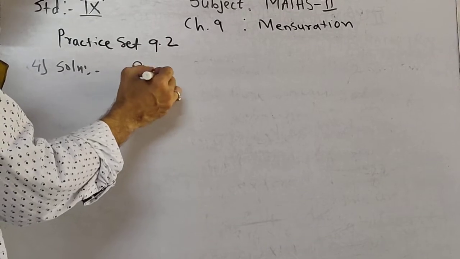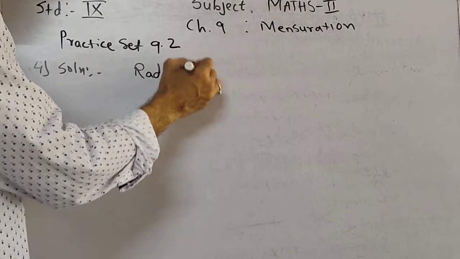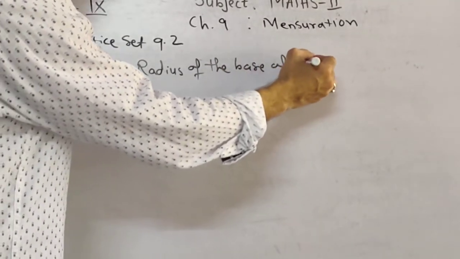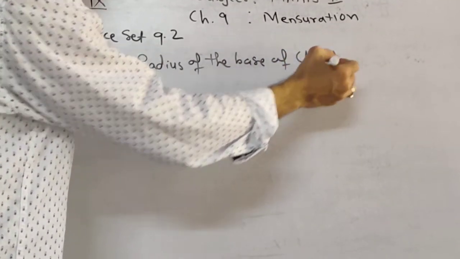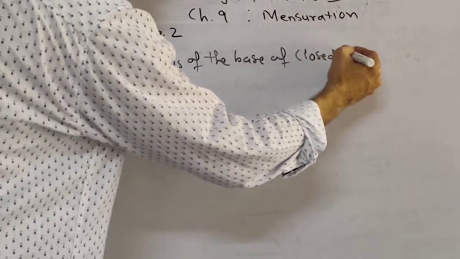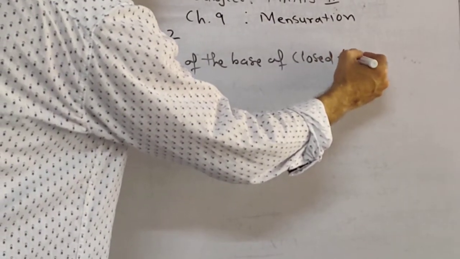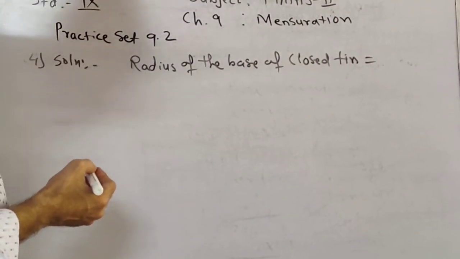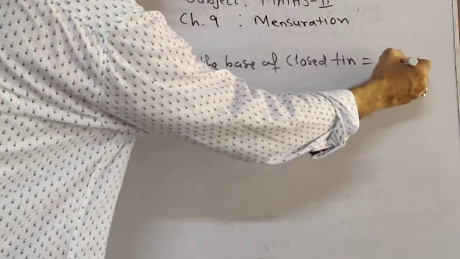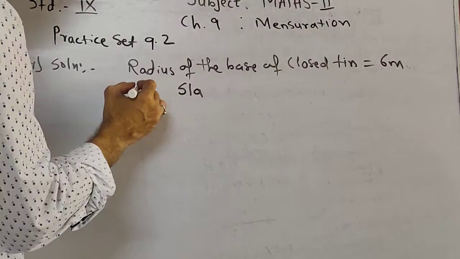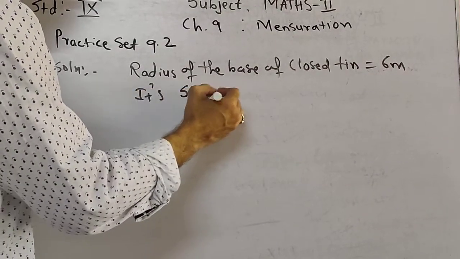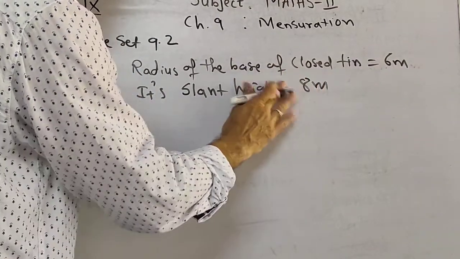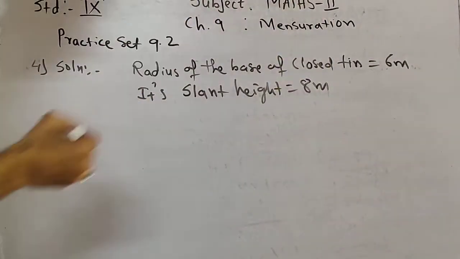Radius of the base of closed tin, okay, that is 6 meter. Slant height is equal to 8 meter. Slant height is 8 meter.